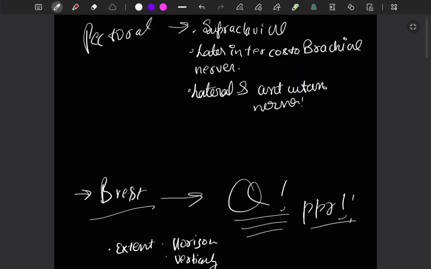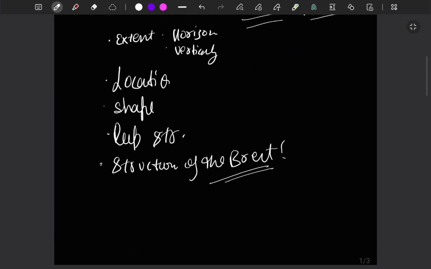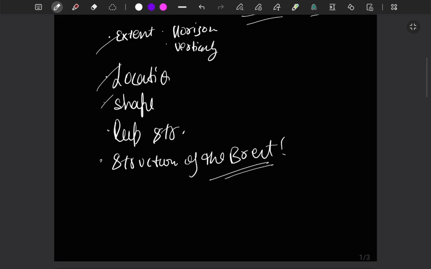We have done location, extent, shape. Now deep structures. For deep structures, you should remember this diagram.